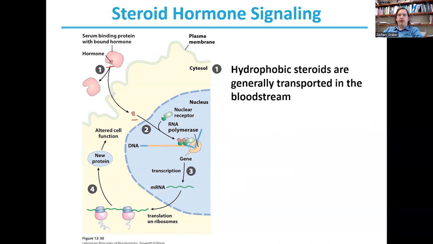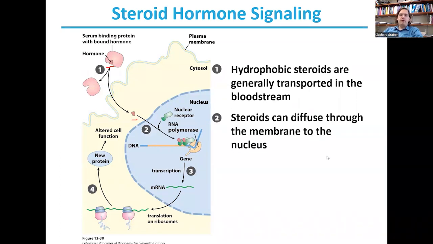So they can mix with our plasma membrane, but they can also pass through the more polar cytosol as well. They'll be able to go directly to our nucleus through diffusion, where they'll then target a variety of nuclear receptors to then alter transcription. So these will bind to our DNA and alter the copying of our DNA to create our mRNA transcript.